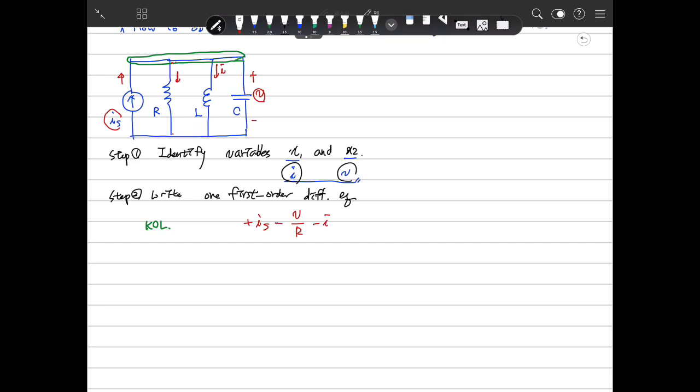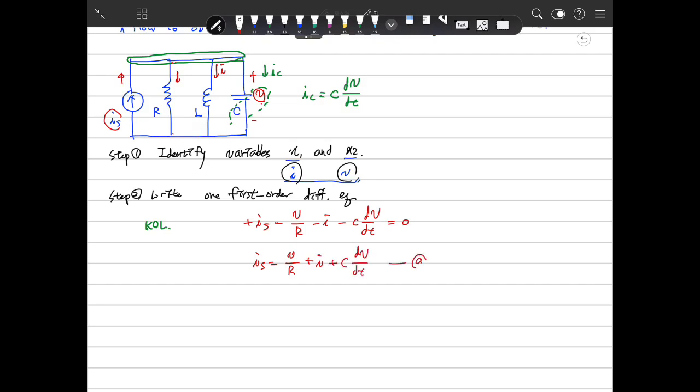And I will be minus, and actually, what is this current over here? Because of the characteristics of C, we know that I_C equals C dV/dt. So there will be minus C dV/dt equal to 0. We rewrite this equation: I_S equals V over R plus I plus C dV/dt.